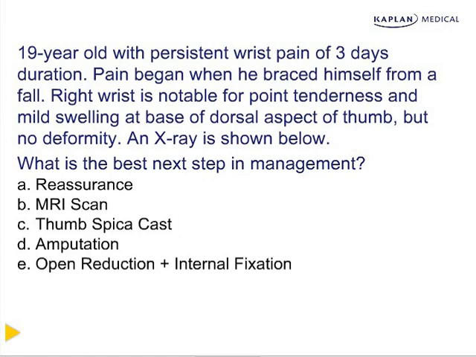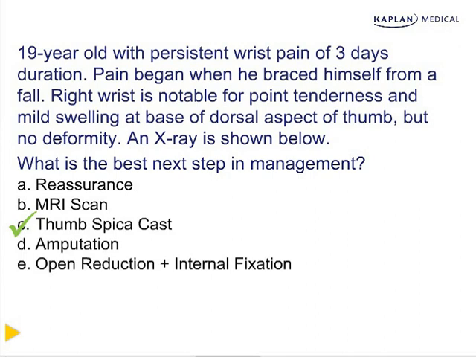While the question stem never uses the classic buzzword, the injury described is a scaphoid fracture. Scaphoid fractures occur secondary to simple falls in which the patient attempts to brace against the fall with an outstretched hand. Often these patients don't seek treatment immediately, as was the case here, but when they do, they have pain and swelling over the dorsal aspect of the wrist, specifically located at the base of the thumb or the so-called anatomic snuff box.